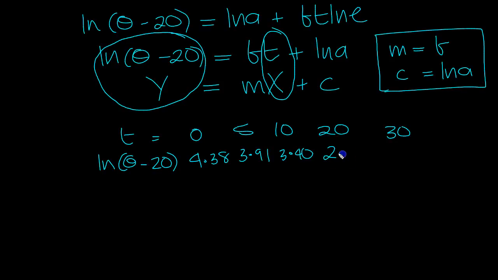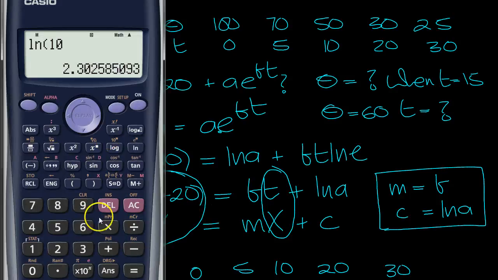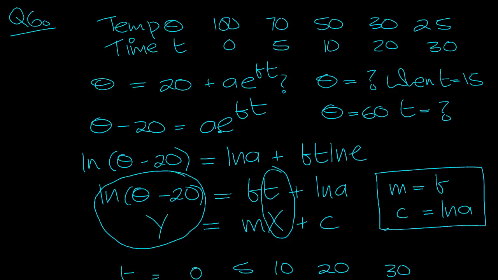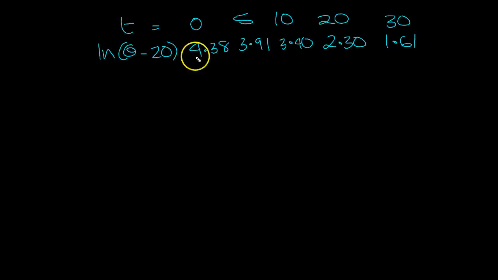And the last one then, the 30 value, theta is 25, minus 20 is 5, ln 5. So the natural logarithm of 5 is 1.61. So here's our data then, and it should be a straight line. So, excuse me, let's have a look at this.